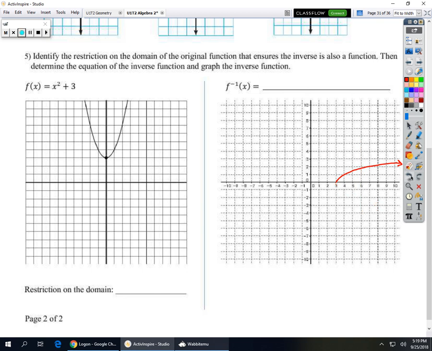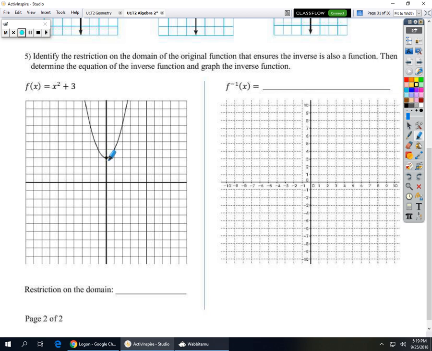If this part was here, or if this part was here, if you had just one of those, it would still be a function. So what we want to do is cut this original graph into just a part that'll create an upper curve or a lower curve on the other one. Most people will probably just pick the right side. So highlighter, here we go.